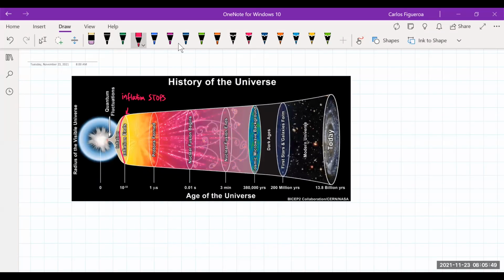And with this, you now have a region of time where you get a production of matter particles.